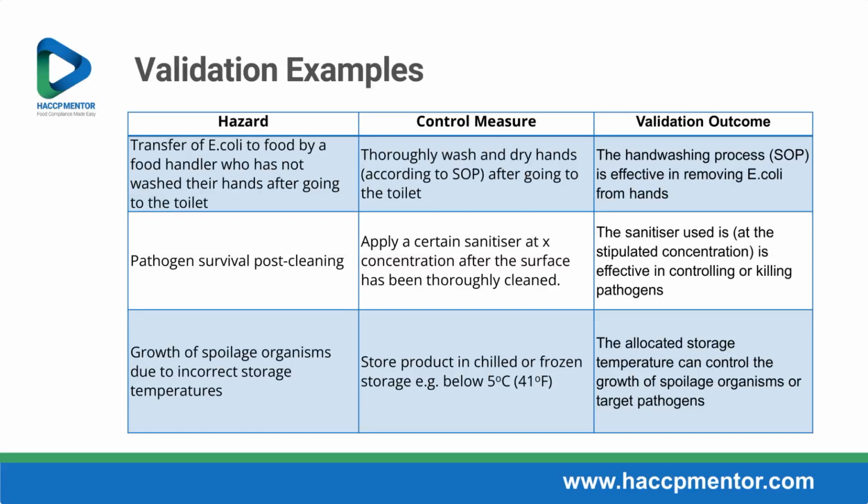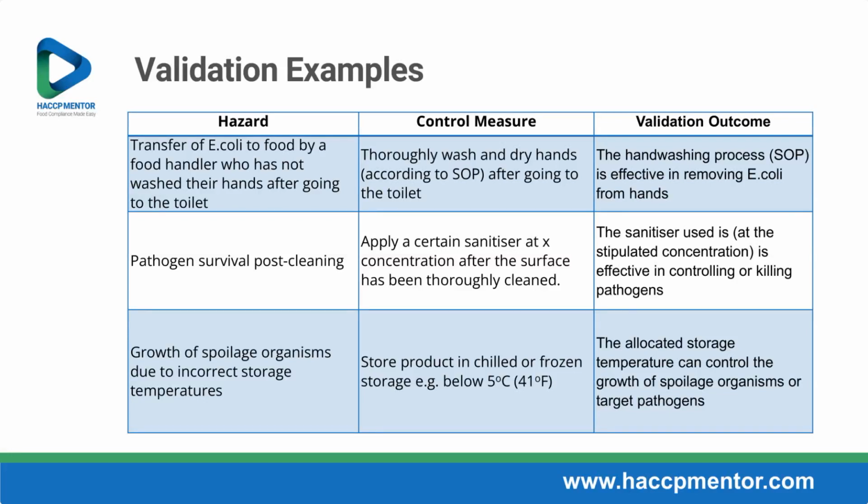What are some other examples? Survival of pathogens in water, like post-chlorination. So if you're having to chlorinate water for whatever reason, if you don't have potable water, again, using theoretical validation, you'll have your country legislation that will say what makes water potable and what's not potable. And then you can also have antimicrobials used in wash water if you're doing leafy greens.